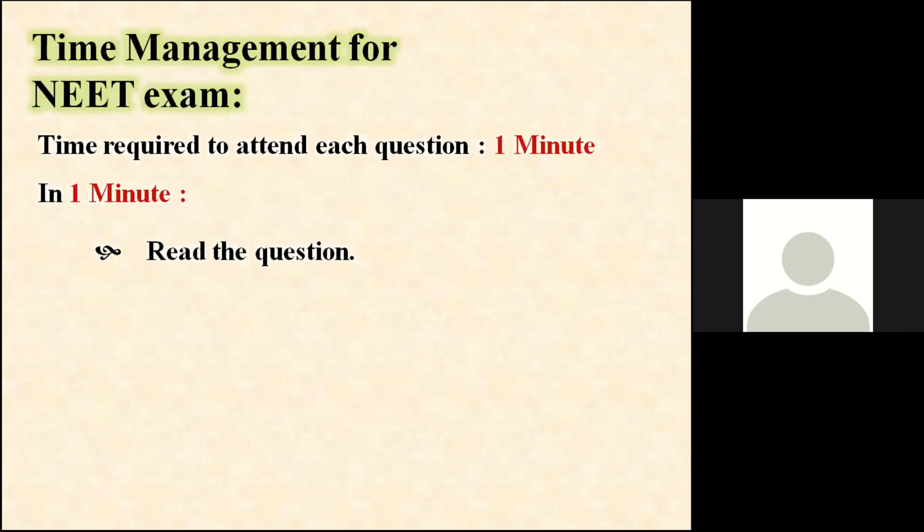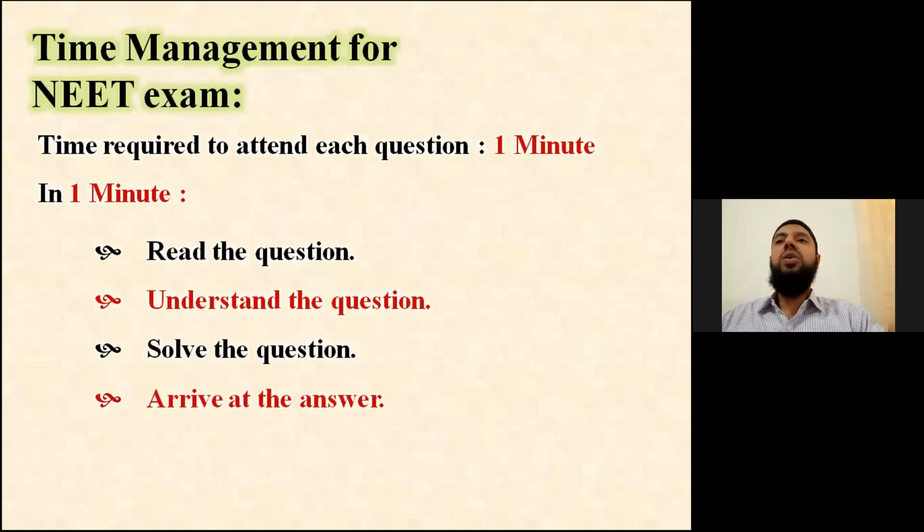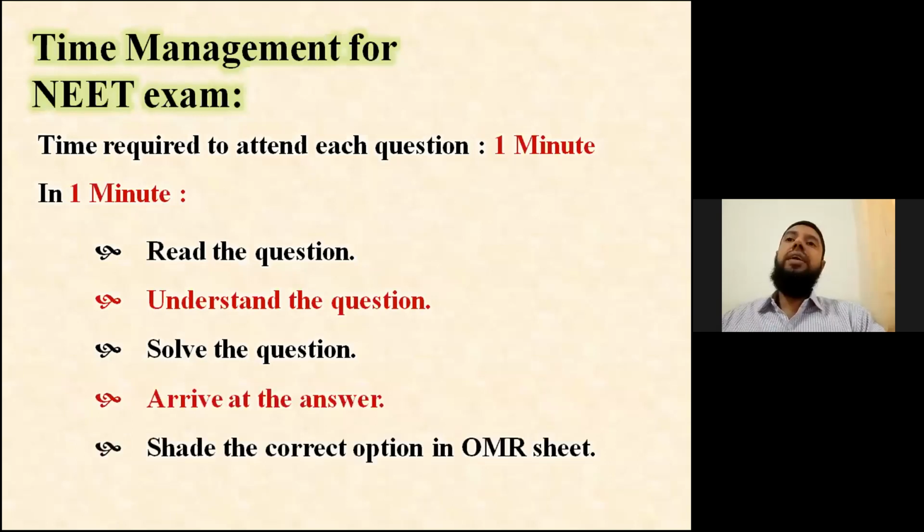First, you have to read the question. Then you have to understand the question. Then you have to solve the question if you are having numericals. Generally, in NEET and JEE, especially in physics, you are going to go with the numericals to a larger extent. Then you have to arrive at the answer, pick the correct option, and shade the correct option in the OMR.